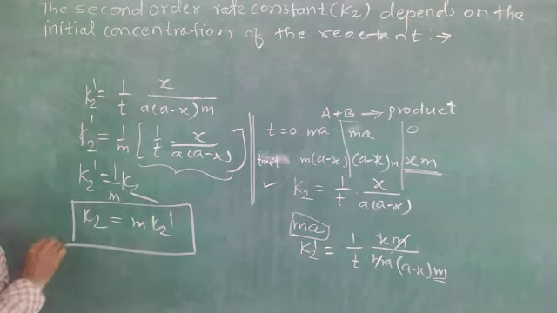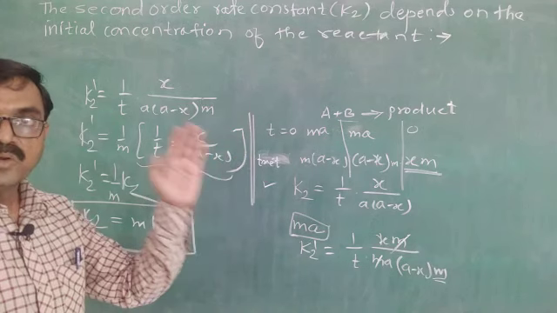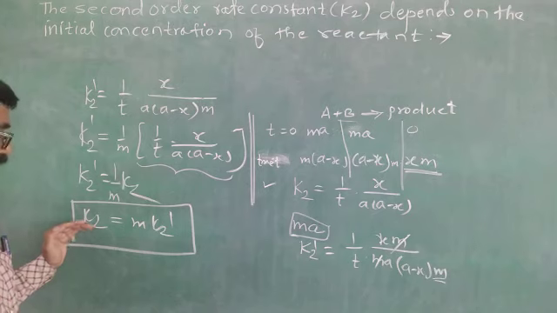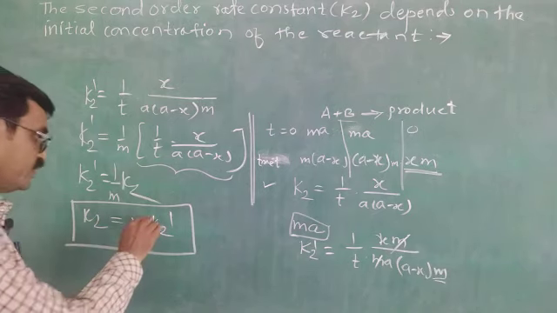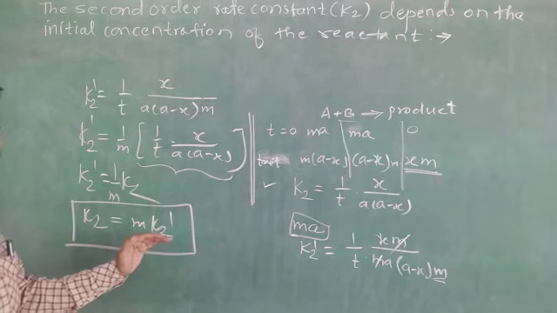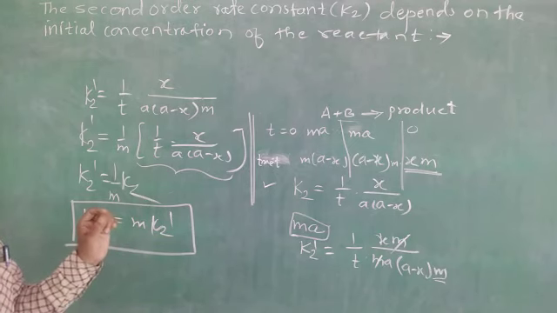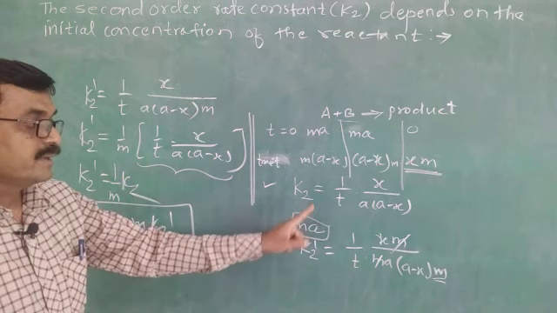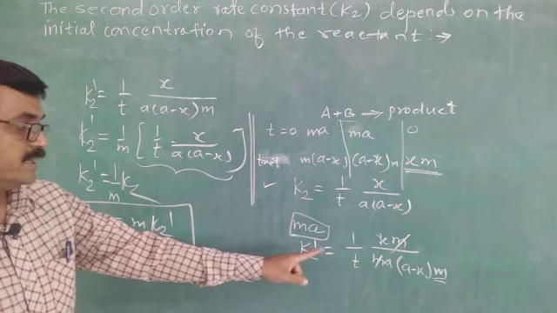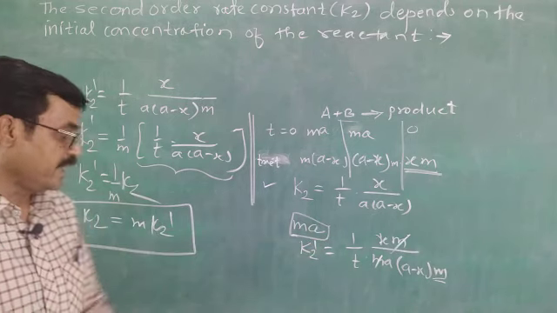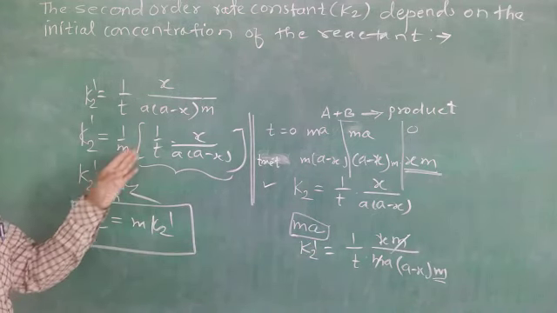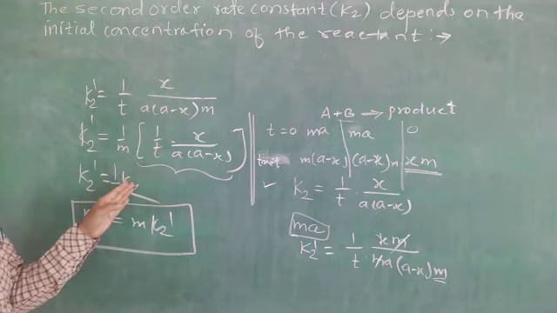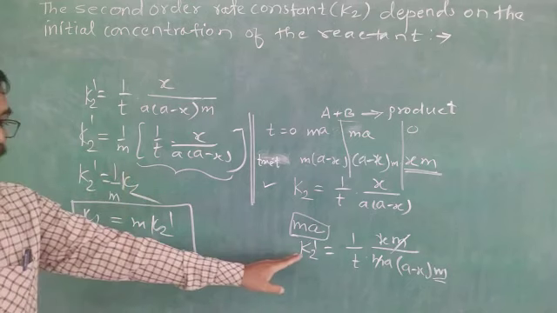So if we change the concentration of the reactant from A to MA, then the rate constant K2 equals M into K2 dash, where K2 dash is the rate constant when the initial concentration is MA. When the concentration is A, the rate constant will be K2, and when the concentration is MA, it will be K2 dash.